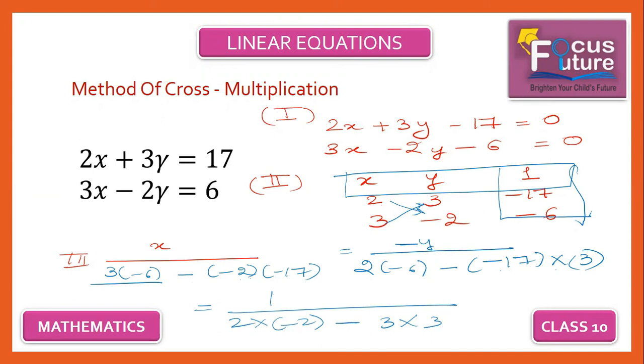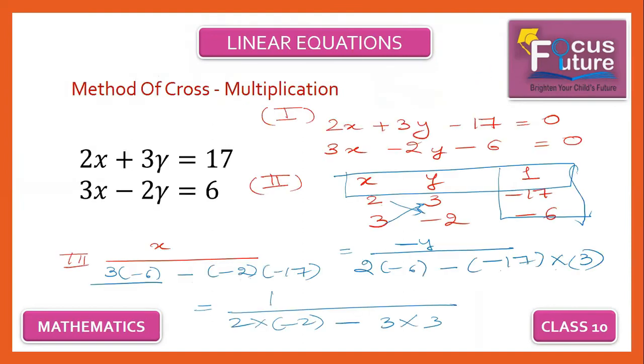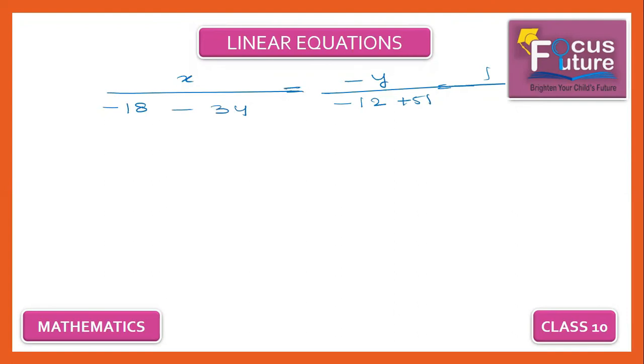So this would be minus y divided by minus 12 plus 51, equal to 1 divided by what? So 1 divided by 2 2s are 4, minus 4, and 3 3s are 9, minus 4 minus 9. Now let us further solve this.